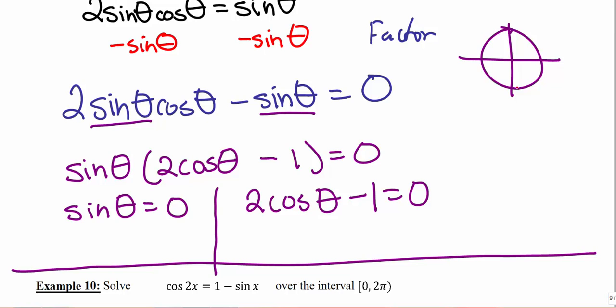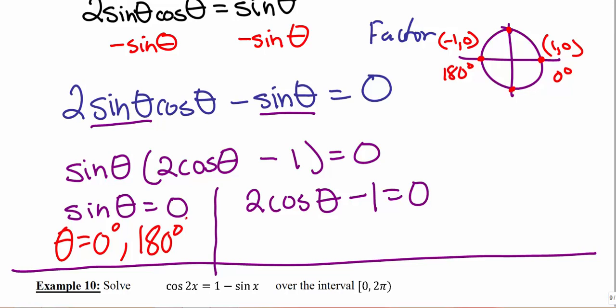So on the unit circle, where do we have a y value of 0? Let's see, that would be at 0 degrees and also at 180 degrees. So if I look at both of those points on the unit circle, the y values of both of those points is 0. So here we get theta is equal to 0 degrees and also 180 degrees.